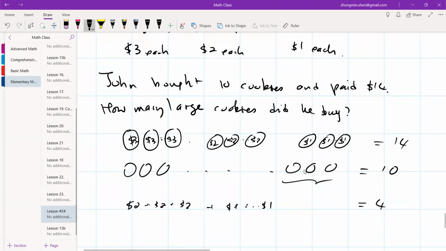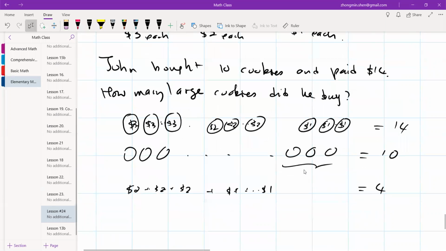In order to make 4, if you buy 2 large cookies, then you already spend $4. You cannot buy any medium size. So 2 large is impossible. The only possibility here is 1 large cookie.